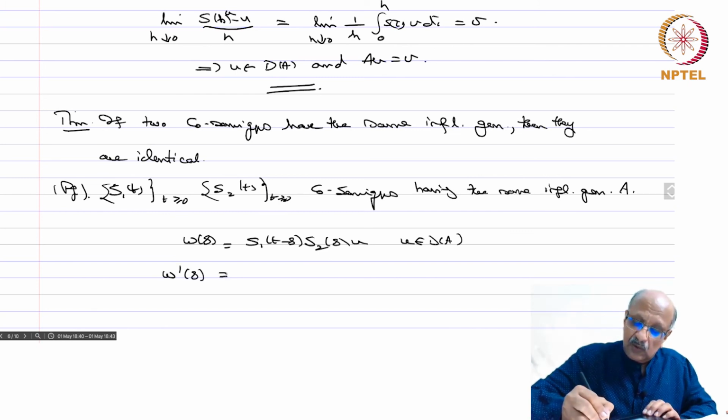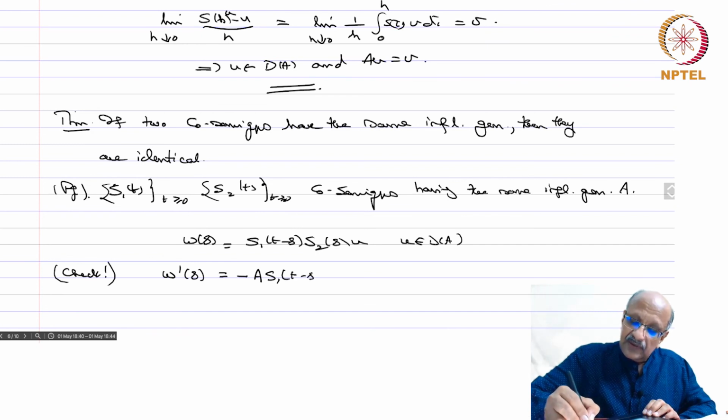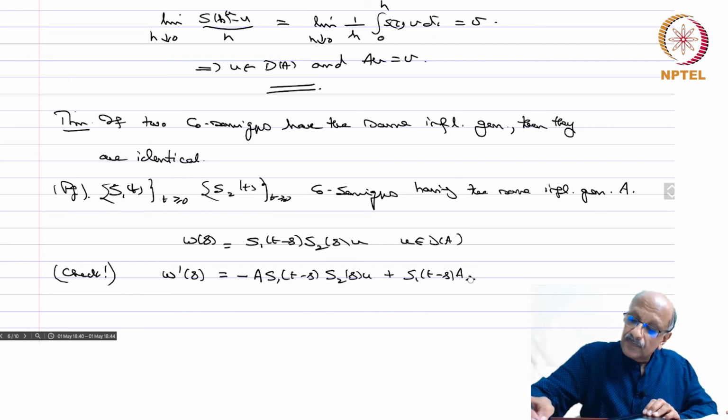So, this will be equal to, we have to check again, okay, the product rule will apply. So, this will be minus A S1 of t minus s S2 of s u plus S1 of t minus s, differentiate S2, you get A of S2 of s u, but A commutes.